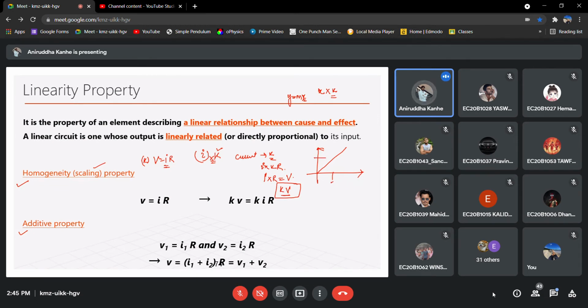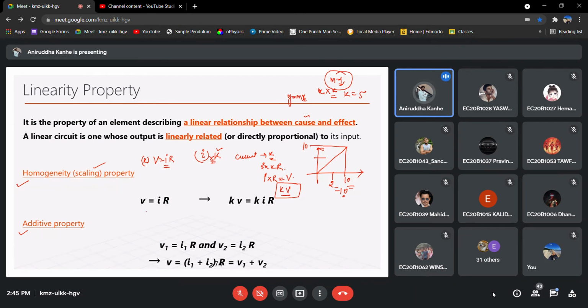If this value, let us say 2, is getting multiplied with, let us say, 5, and assume that m equals 1, then you will get 10 here and 10 here. So this is what homogeneity says. Whatever scaling you do in the cause, the same scaling must be seen at the effect.